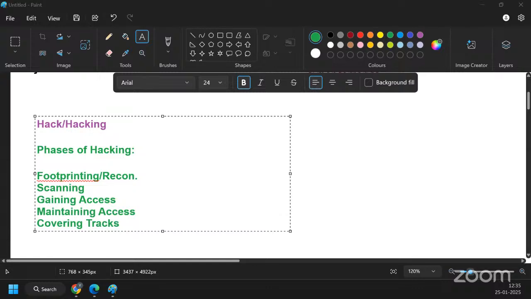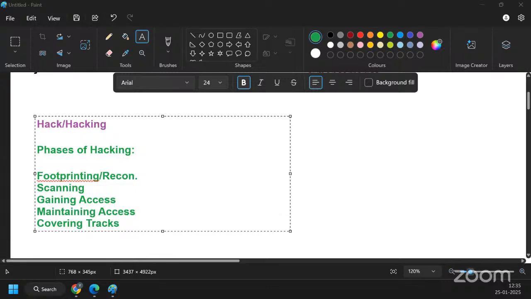Once, as an attacker, we have confirmed that Jaspreet's laptop is powered on and connected to the internet, we can move ahead and figure out what ports we have, what services are running, and what vulnerable services are on Jaspreet's system.